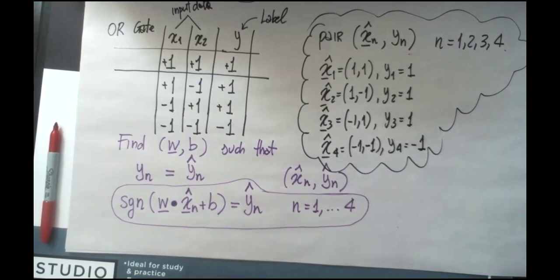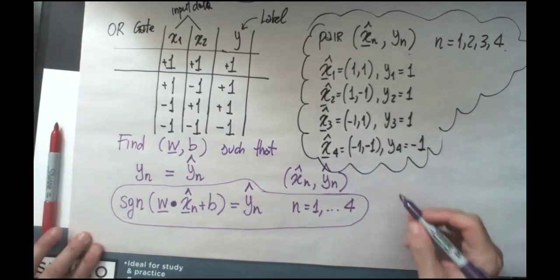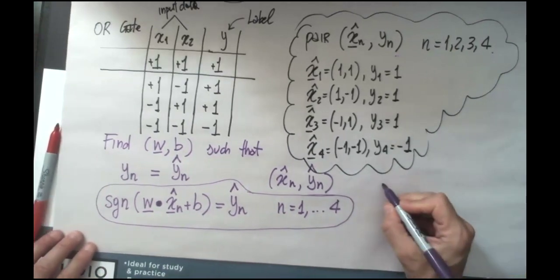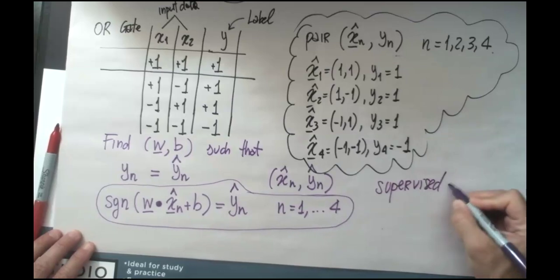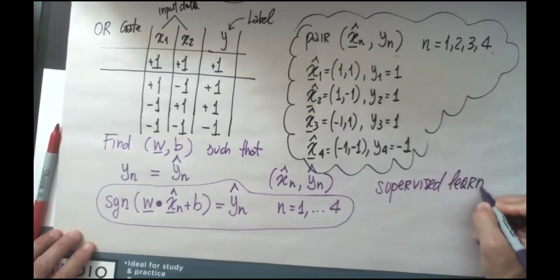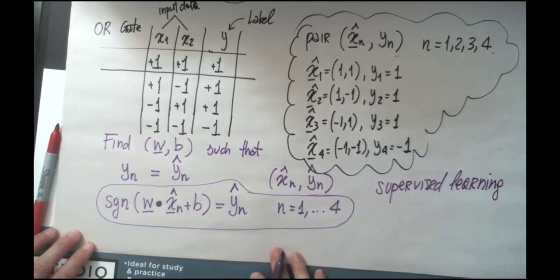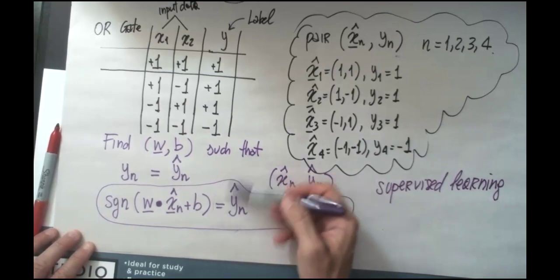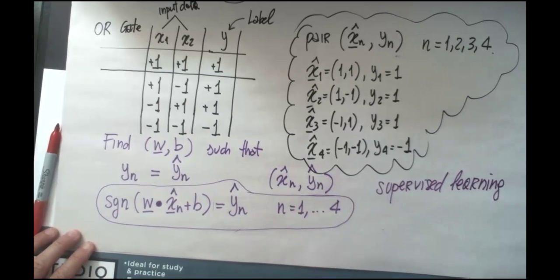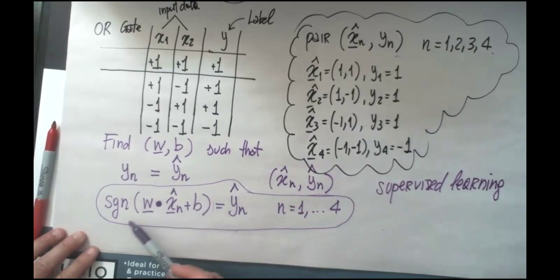And that's basically what is called supervised learning, because we have the knowledge of the labels that allow us to supervise the learning of the perceptron parameters.